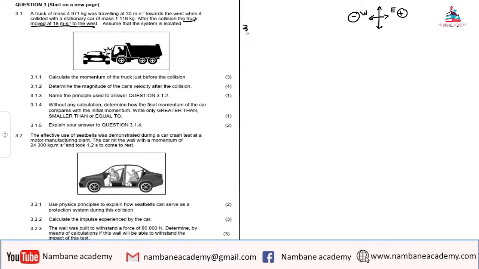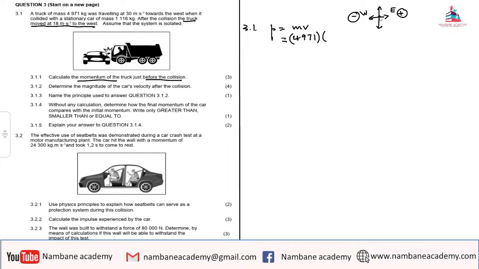Now let's write there, ladies and gentlemen. We are told to calculate the momentum of the truck just before the collision. Very easy. P is equal to mv. The mass is 4971 multiplied by velocity, which is negative in this instance. Why?